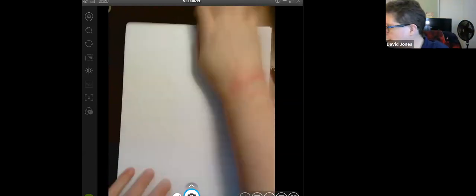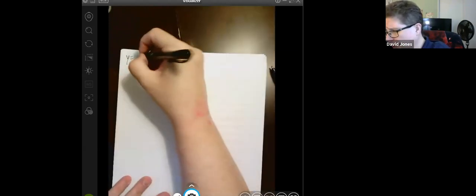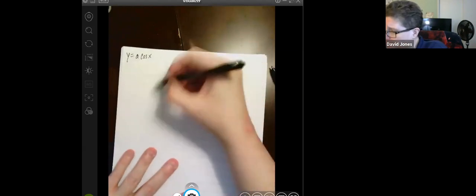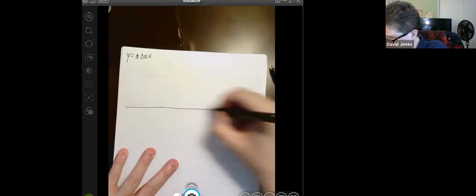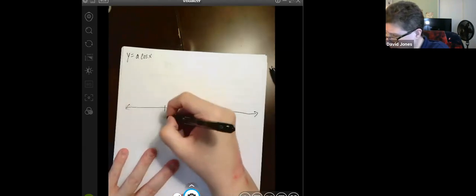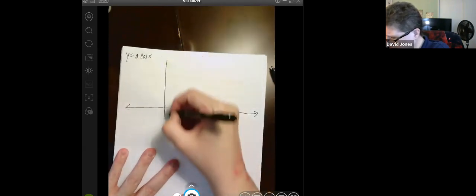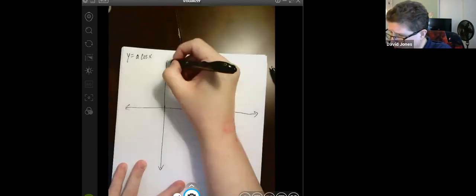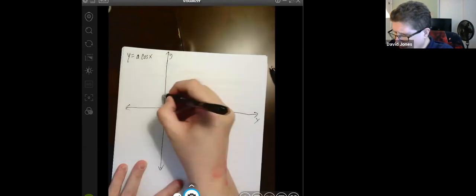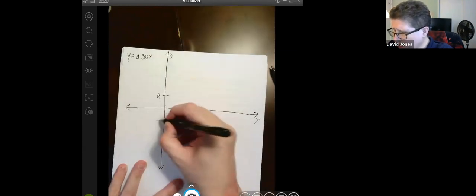We've got y equals a cosine x. Here's a, here's negative a.